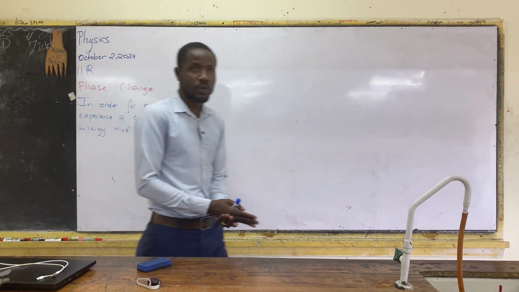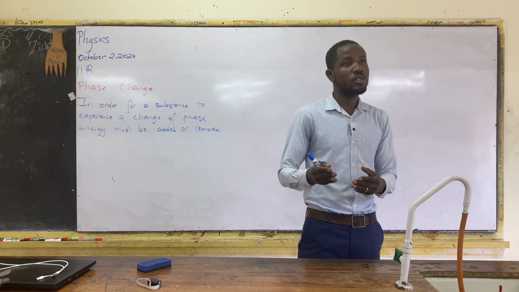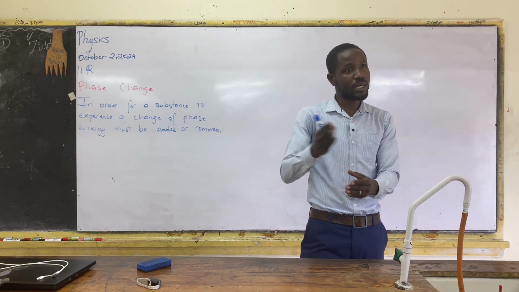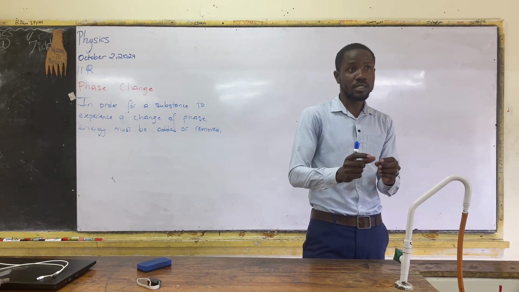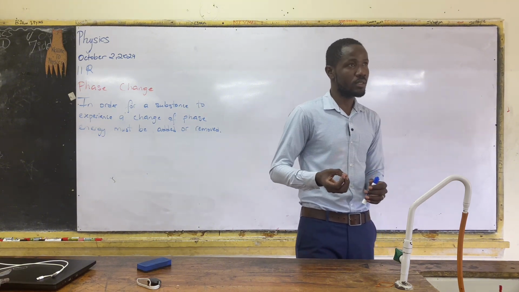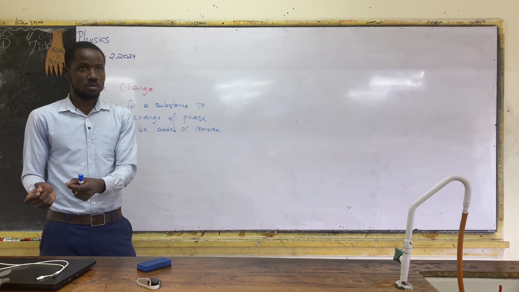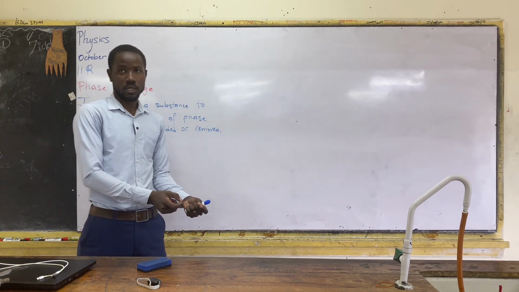To go from liquid to vapor, we have to supply heat, or add heat. So going from vapor back to liquid, we have to do what? Cool, right? By making it cool, we're basically removing heat. So when we remove the heat, it can go from vapor to liquid.